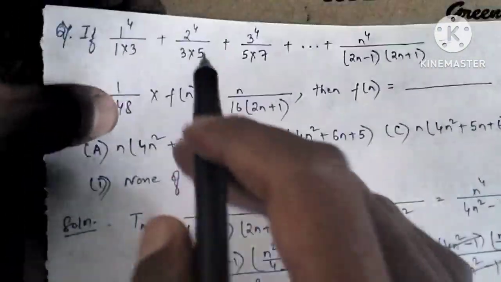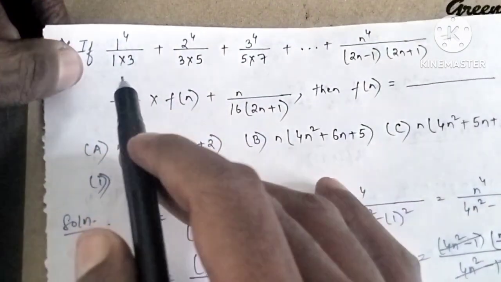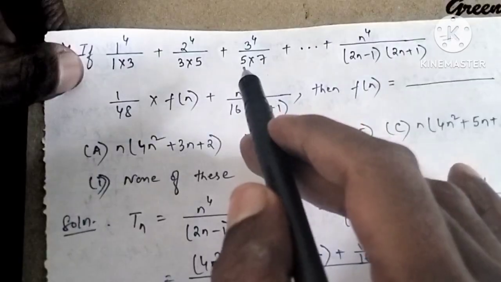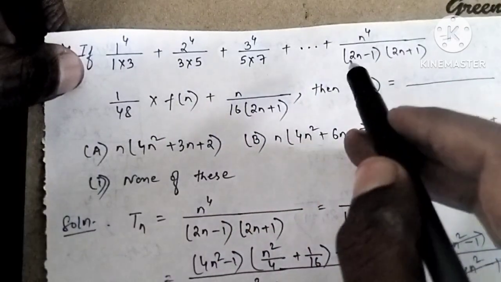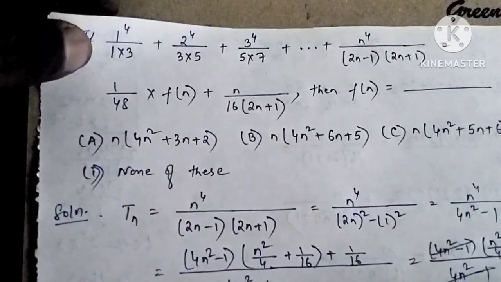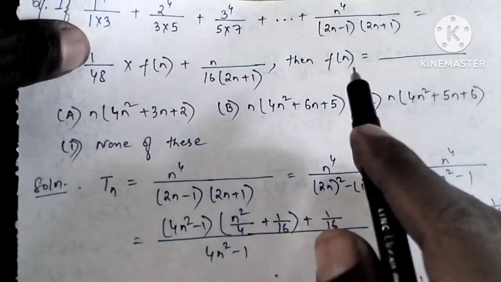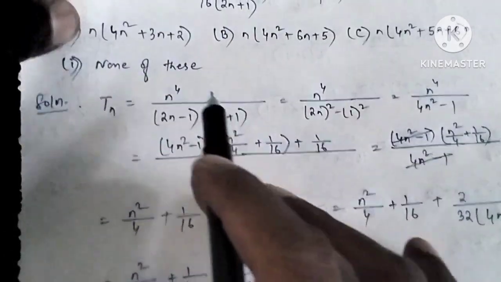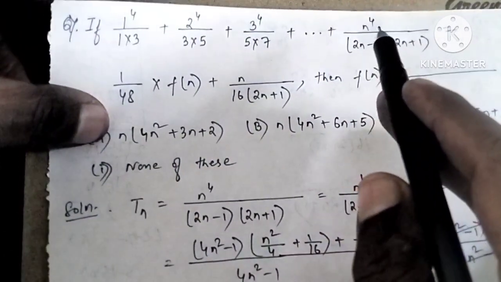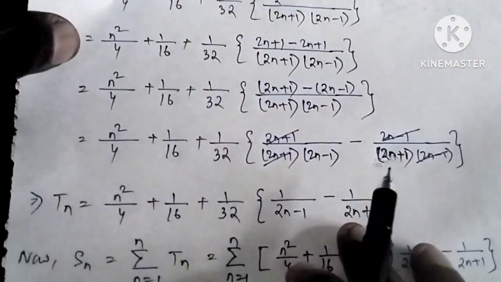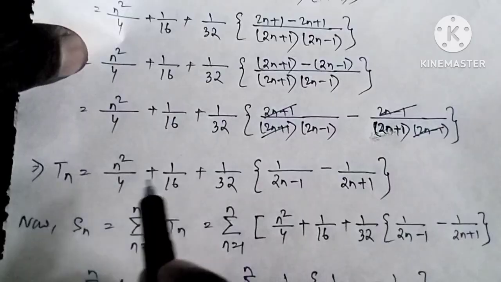If 1 to the power 4 by 1 into 3 plus 2 to the power 4 by 3 into 5 plus 3 to the power 4 by 5 into 7, in this way up to n to the power 4 by 2n minus 1 into 2n plus 1 is equal to this, then what is the value of f of n? At first we found the Tn, this was the Tn. We did operations on Tn, and ultimately Tn has come out as this one.